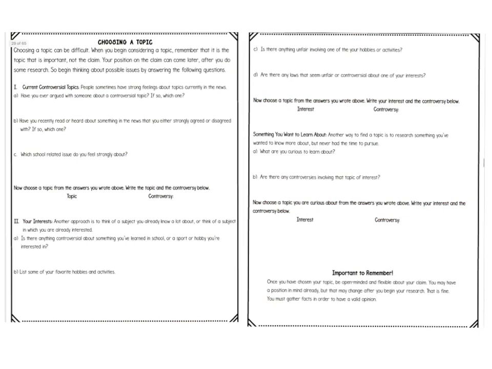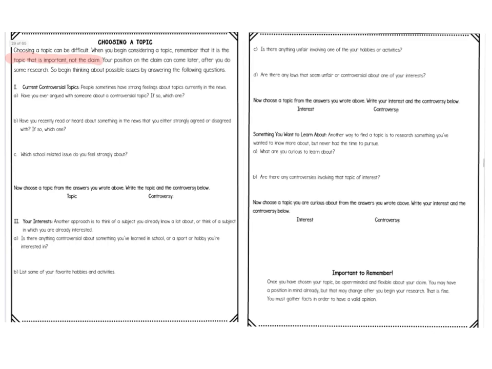Okay, just as it says at the top, choosing a topic can be difficult. So when you're considering a topic, remember that the topic is important, not the claim. It's what we just went over. So you're going to be doing some research on this, but for now, let's just look at the topic.